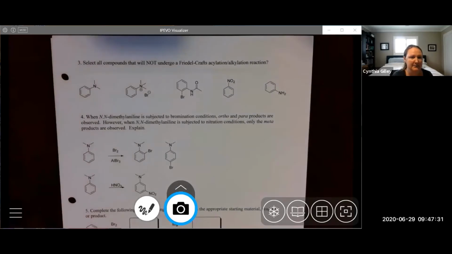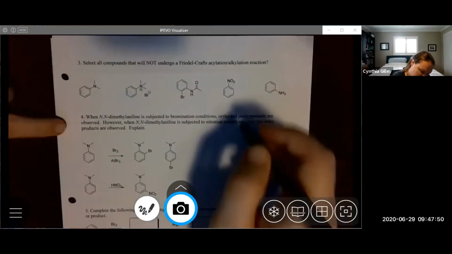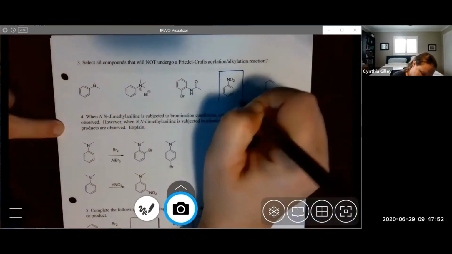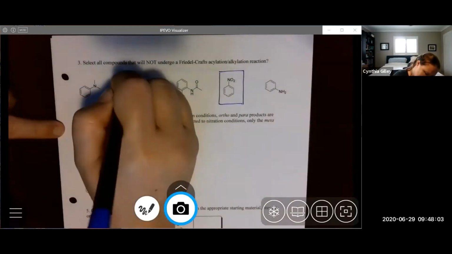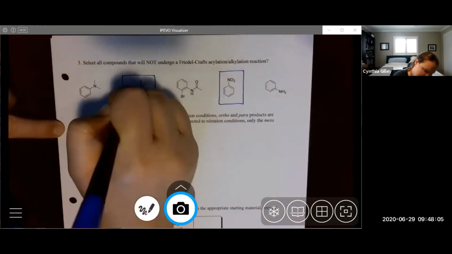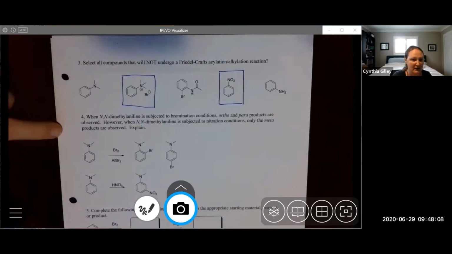The reason for that is that the electrophile is not a strong enough electrophile to overcome the strongly deactivated ring. So you might recognize right away that a nitro group is a strong deactivator. So this one will not be able to undergo a Friedel-Crafts reaction. And in addition to that, a nitrogen with a positive charge directly attached to the ring is also a strong deactivator.